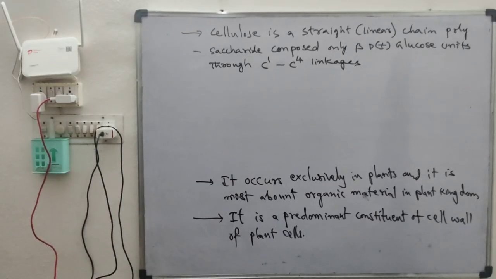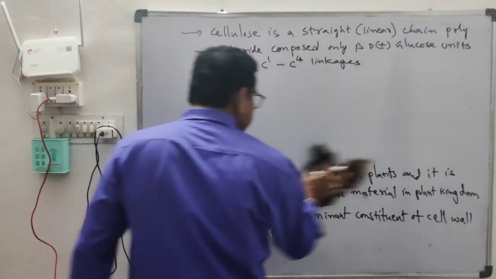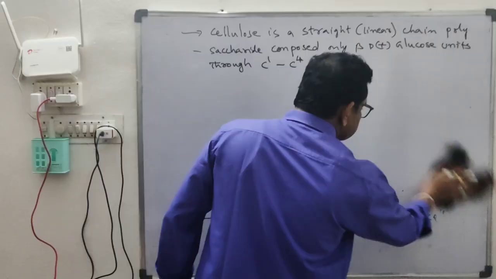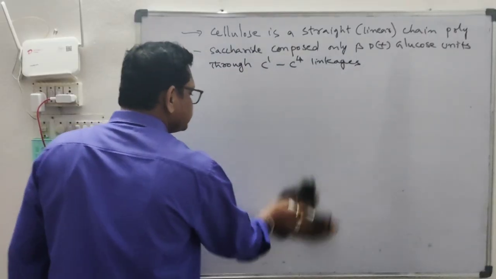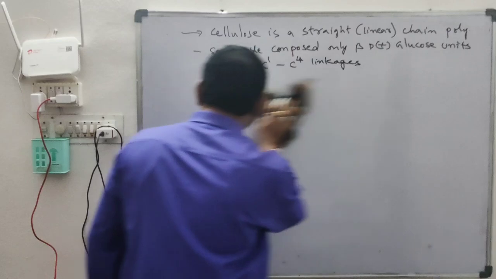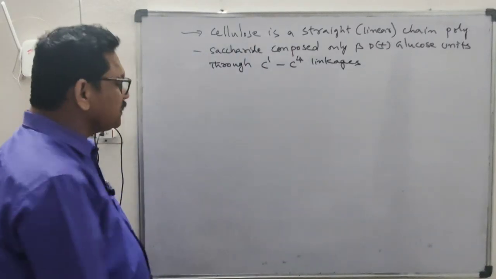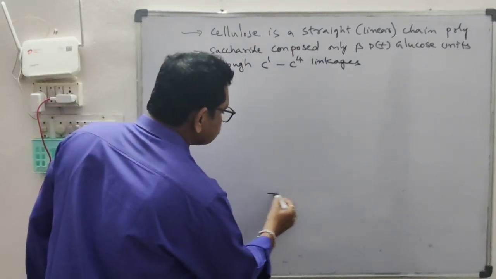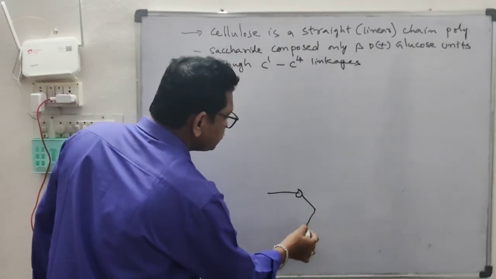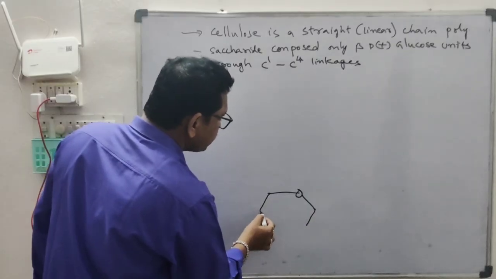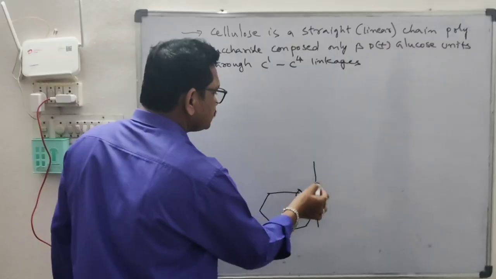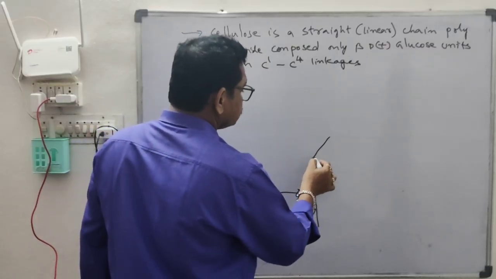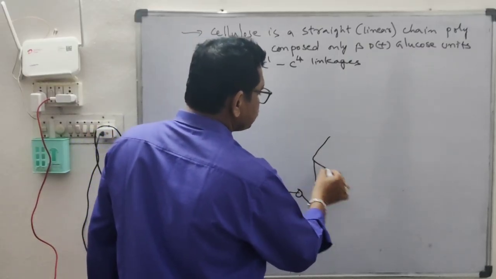So whenever you want to write the structure of this, it is very important. In the examination, the examiner will be asking to write down the structure of cellulose. So that means you remember beta glucose units. Beta means the anomeric hydroxyl is present at the top. Yes, this one. C4 linkage, no? This one.